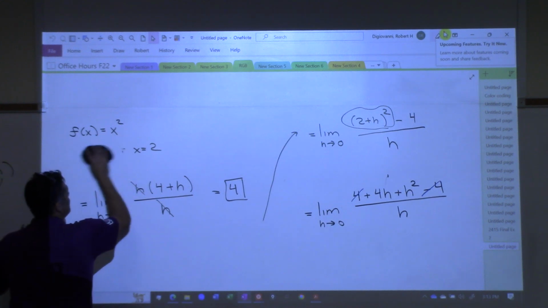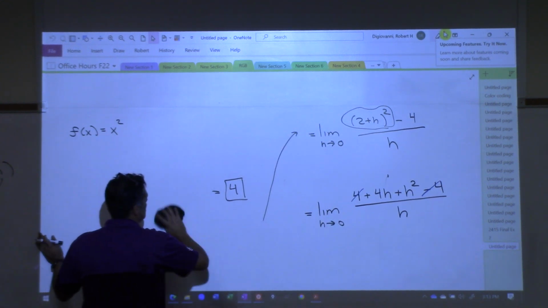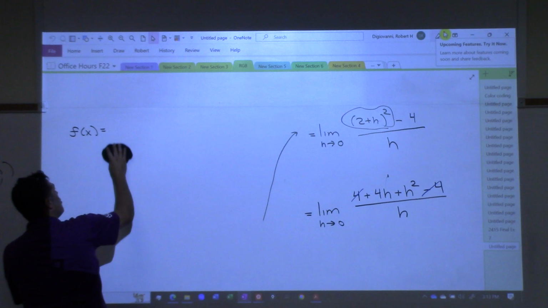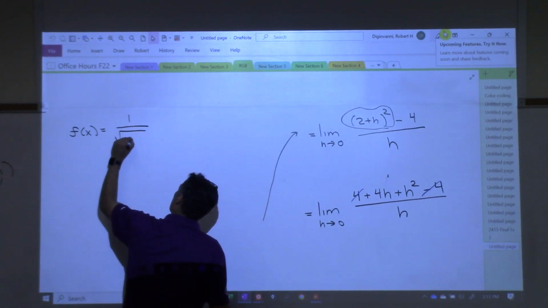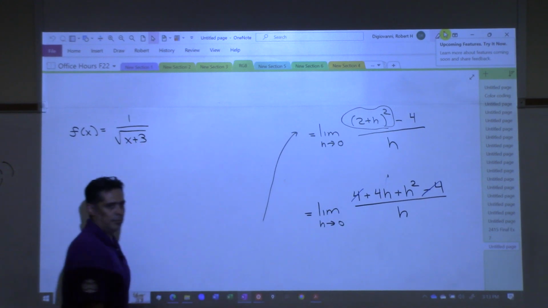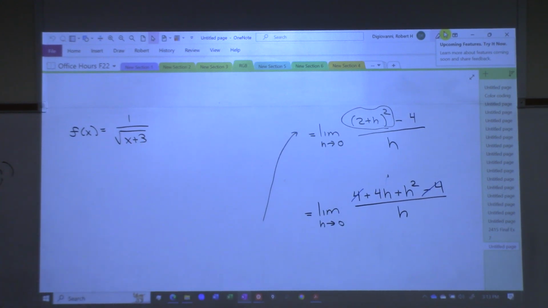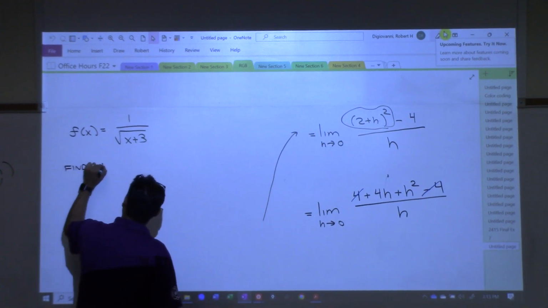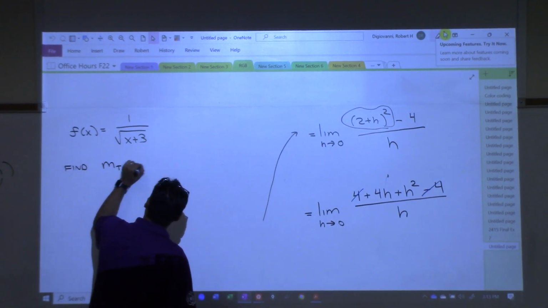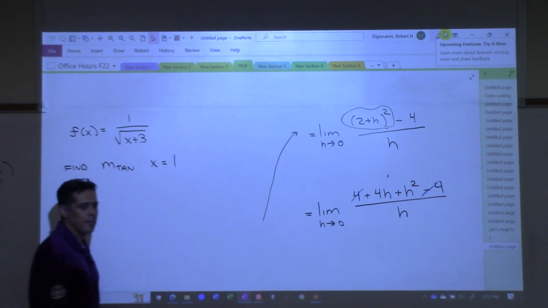All right. How about, let's not do the square root one. Let's do this one. Remember this one? We did that, right? And we did this at, find the slope of the tangent line where? It was at x equals 1, wasn't it?